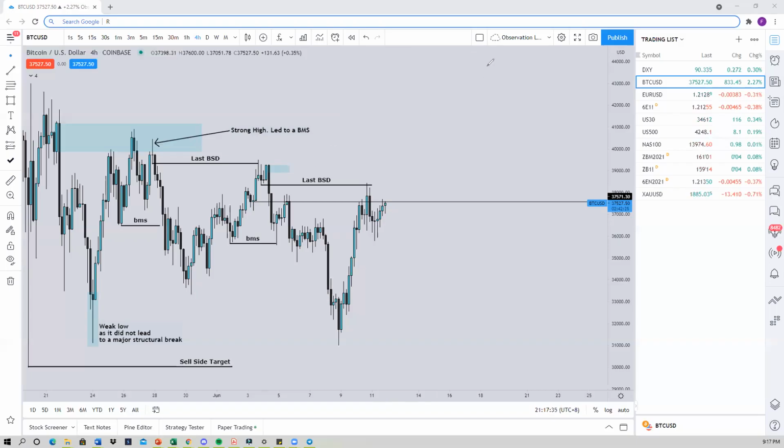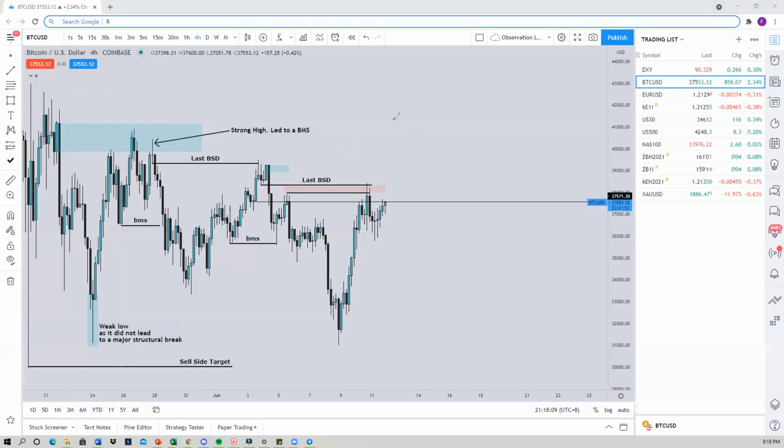So we can see that you have this here, and this here. So last buy side delivery here, and you have an inefficiency here. What is this? Fair value gap. So the fair value gap has been filled and price is coming down. That's what you need to understand.